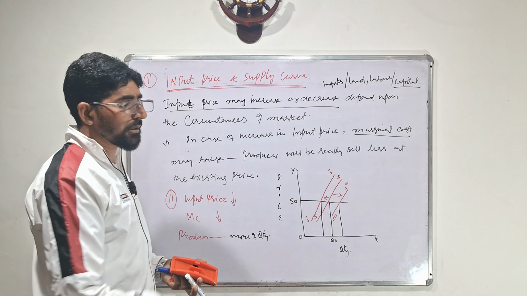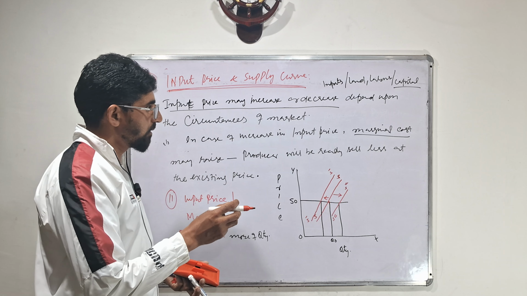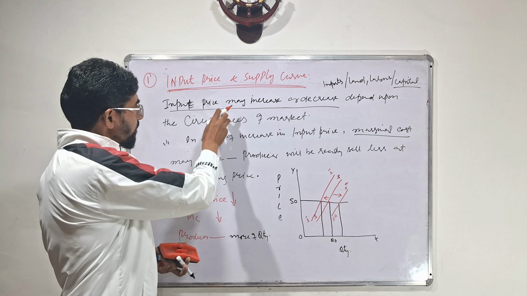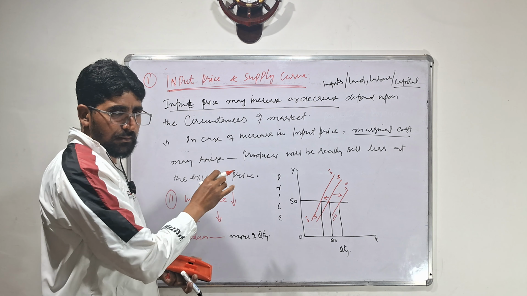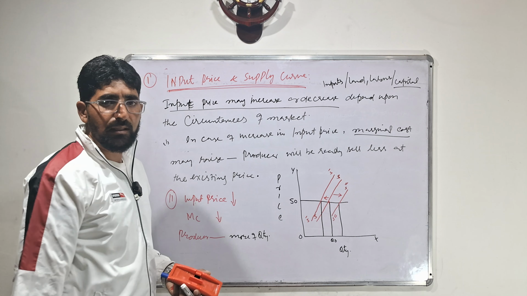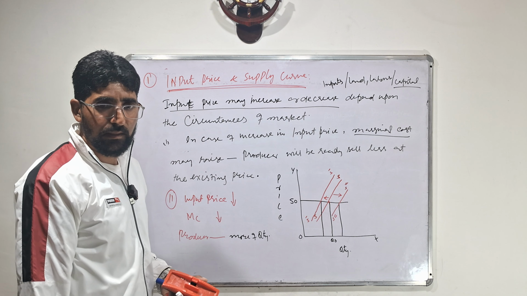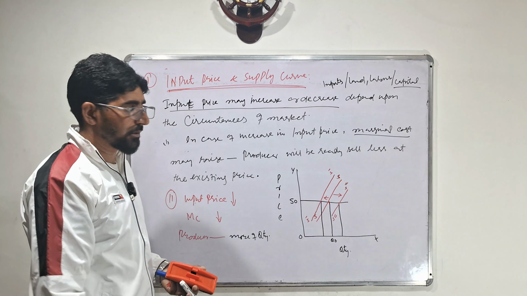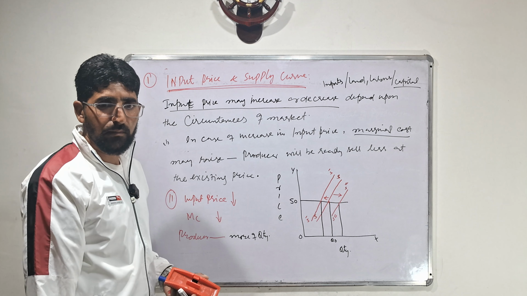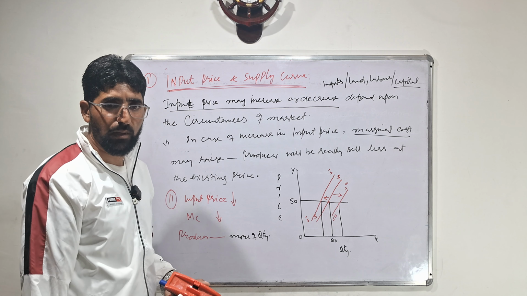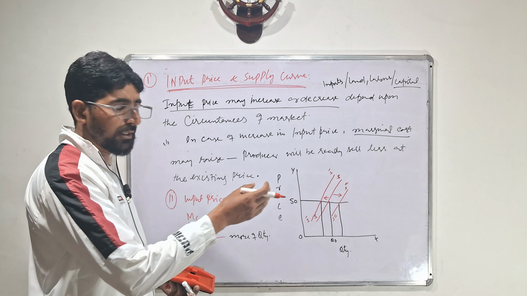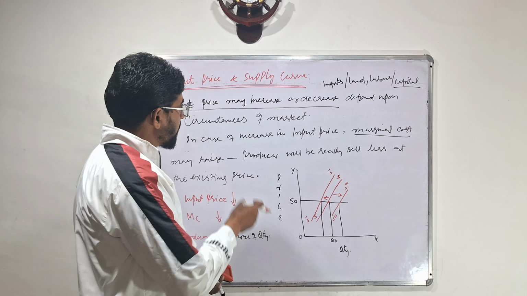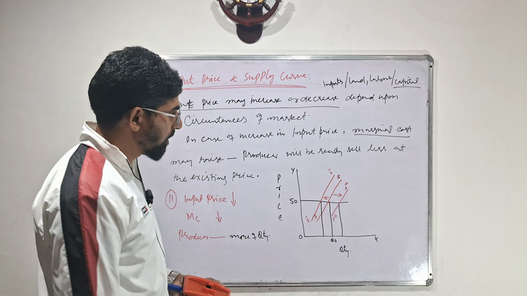In that case, marginal cost increases, it does not fall. But when the price of input falls, definitely marginal cost falls and the producer is ready to sell more quantity. Means the supply curve will shift forward in case of input price falling, backward in case of input price rising.